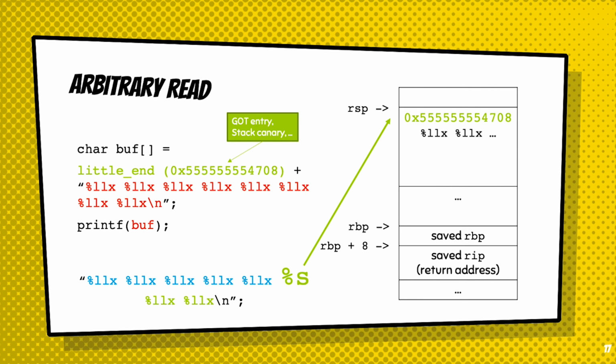One way to find that is to read the GOT entries' values. So we need this arbitrary read to get a function pointer or a stack canary. And if there is a format string vulnerability over there, and the format string is controllable by us, we can use this format string to do an arbitrary read and leak that information.